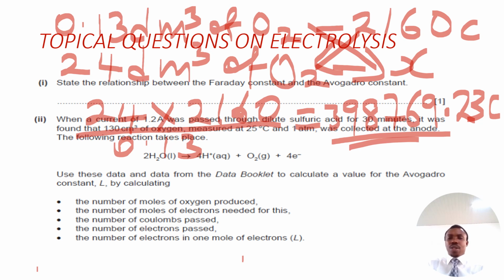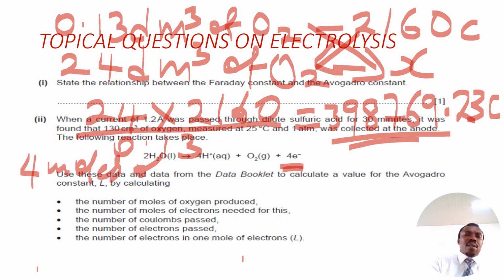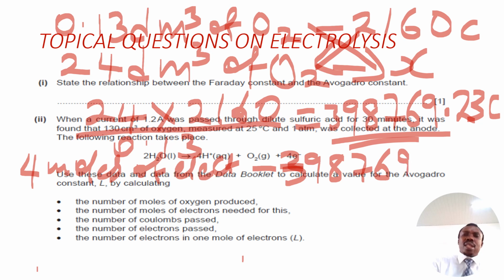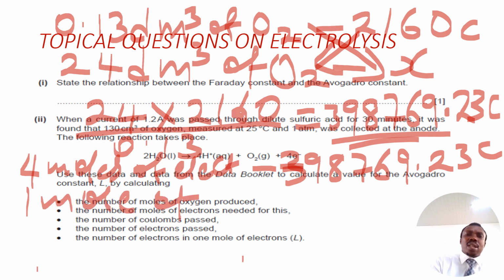So if you look at the equation, 4 moles of electrons are required to deposit what? This 398769.23 coulomb. So if 4 moles of electrons deposit 398769.23 coulomb, then 1 mole of electron will deposit what? 1 mole of electron is going to deposit what quantity of electricity?